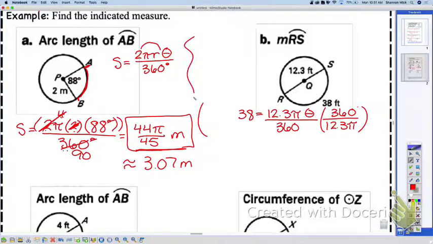Well, the theta is what we're solving for. Don't put that with that. We're not even ready to put this in our calculator yet. Can you wait, please? Okay, so here, the 360 and 360 reduce, yes? The 12.3 pi divided by the 12.3 pi reduce. What am I left with on that right-hand side?